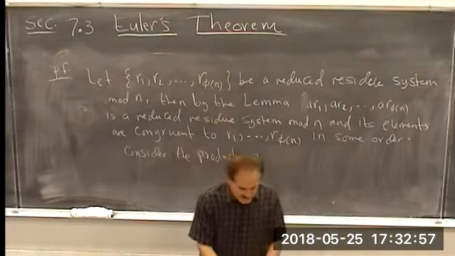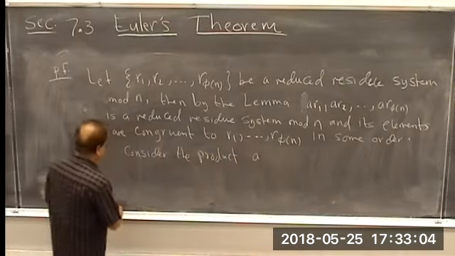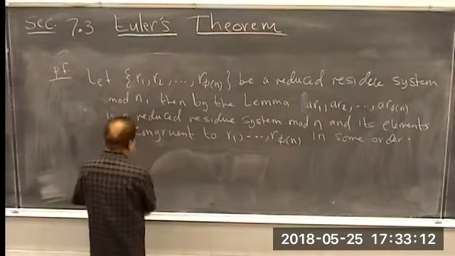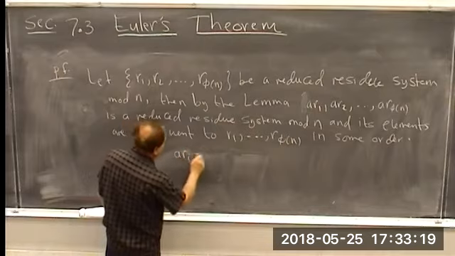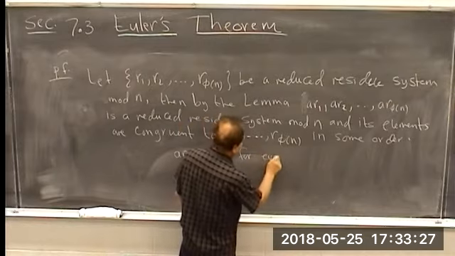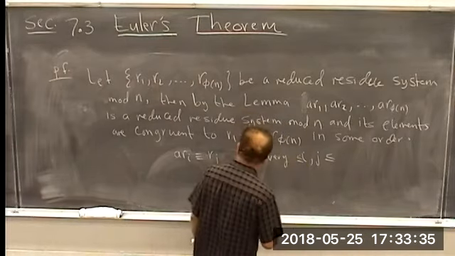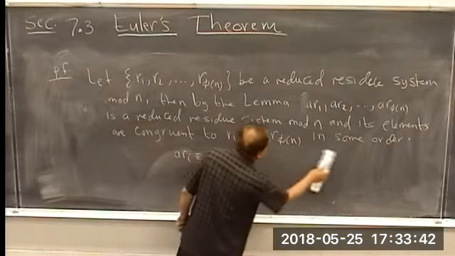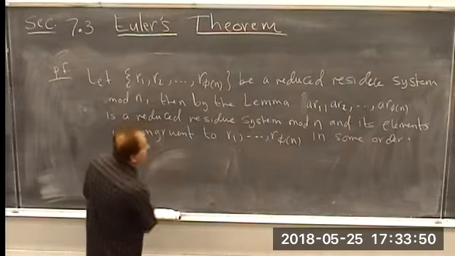But before I do this, so that I can minimize the writing in here, what we have from here is that A R I is congruent to R J for every I and J. Let me be a little more precise.